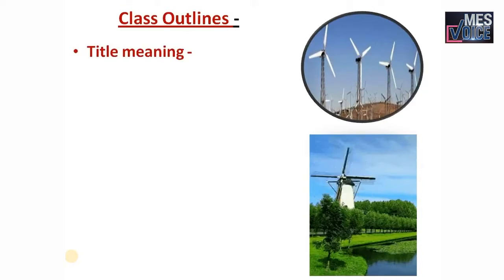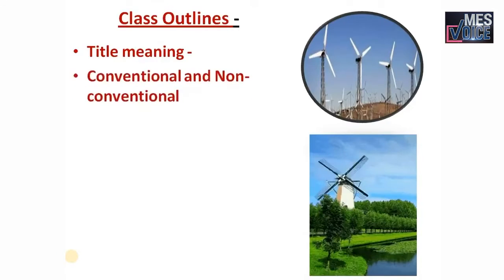So first, the title meaning. We have seen non-conventional sources of energy, so we will be interested to know what is meant by non-conventional. We will discuss briefly the idea of non-conventional energy. And we have two terms: one is conventional energy sources, and the other one is non-conventional energy sources.